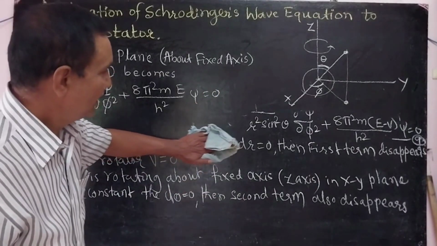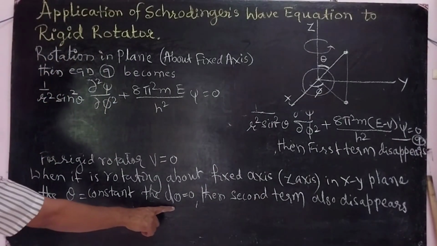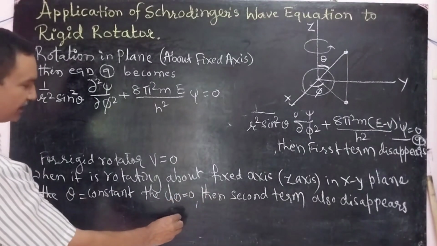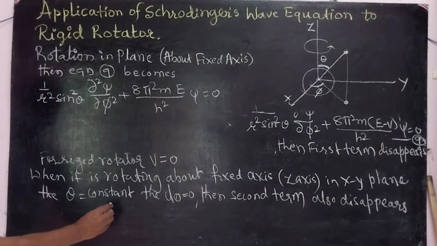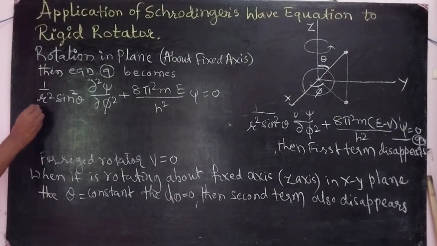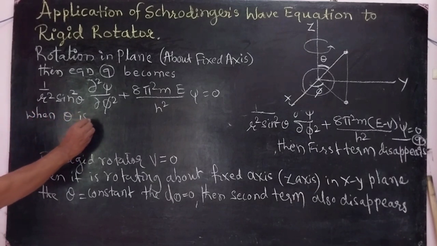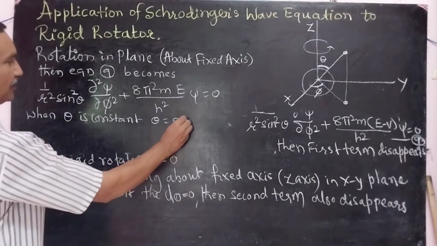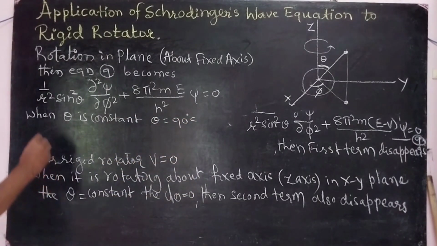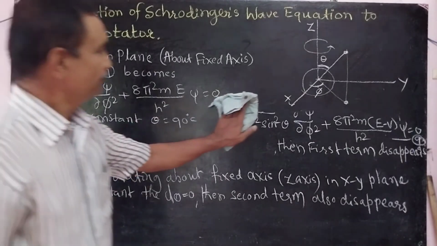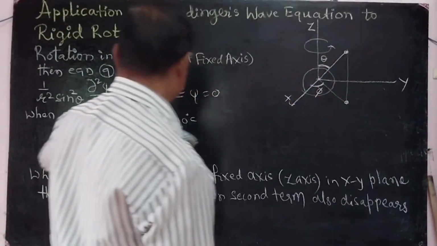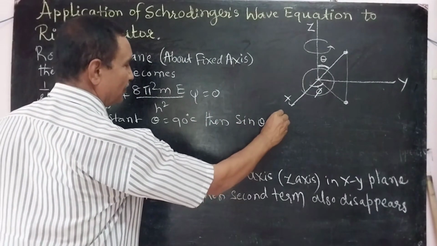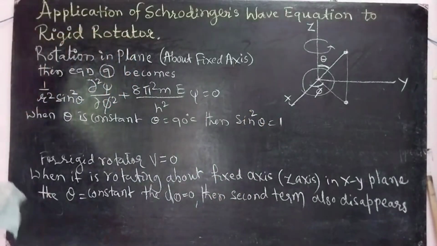And another thing, when d theta is 0, it means theta is 90 degrees. D theta is 0 is a constant, means when theta is constant, that is theta equal to 90 degrees, then sin theta becomes equal to 1, or sin square theta becomes equal to 1.